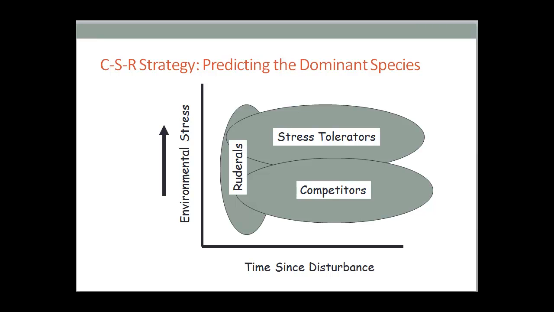The big-tooth aspen had become established, but it's a long time. It's 100 years since disturbance, so those disturbance-favored or ruderal species are starting to die out. And as the environmental stress increases, you're going to shift from species that have competitive strategies to species that have stress-tolerant strategies.